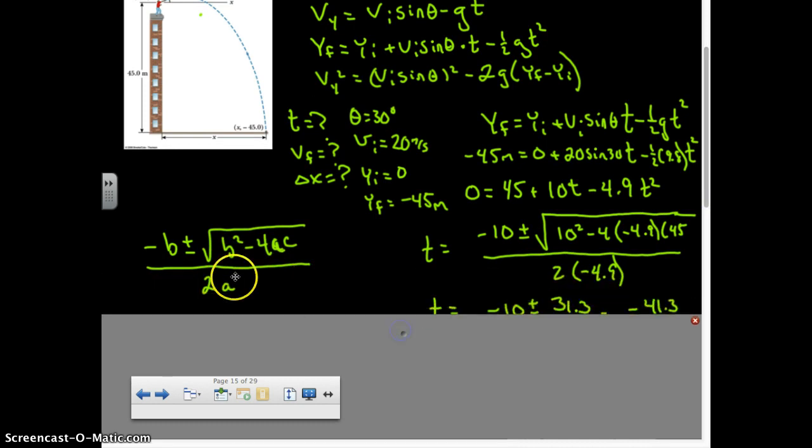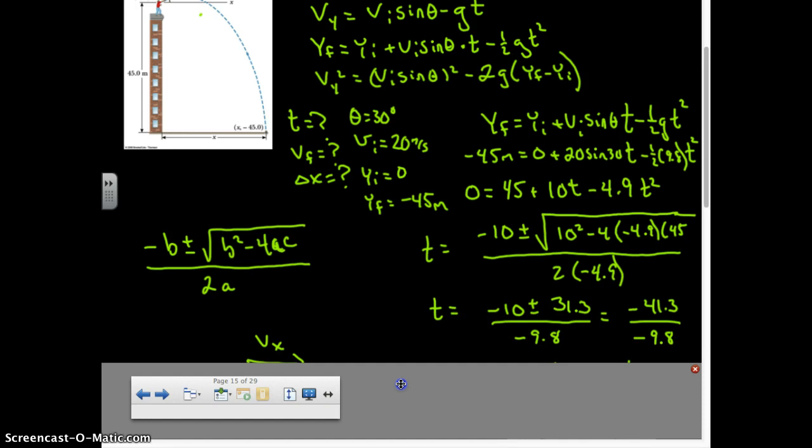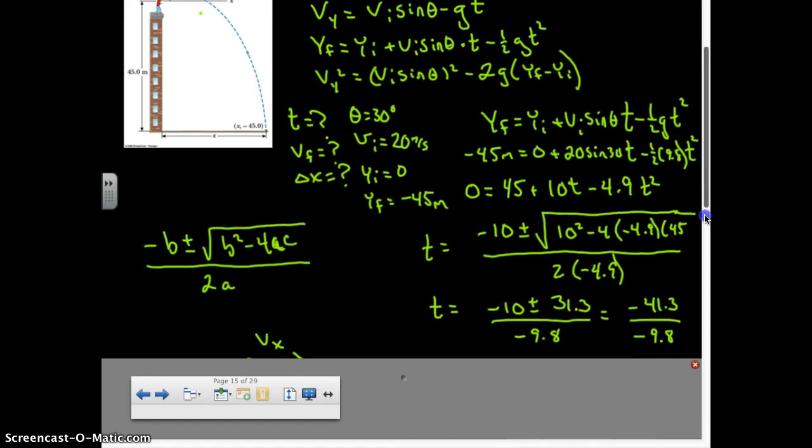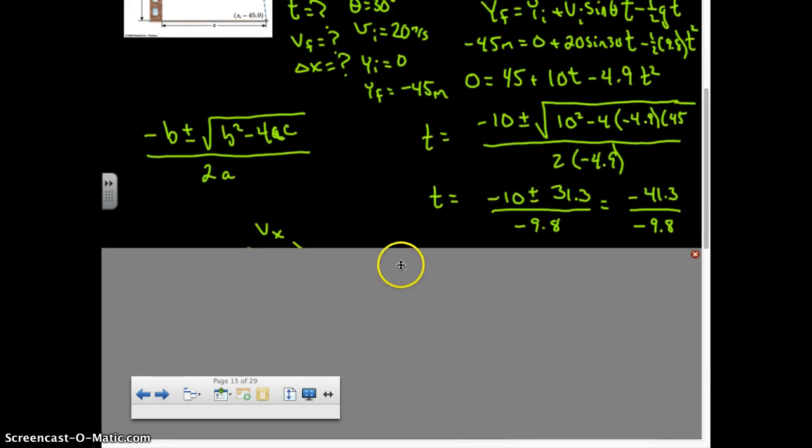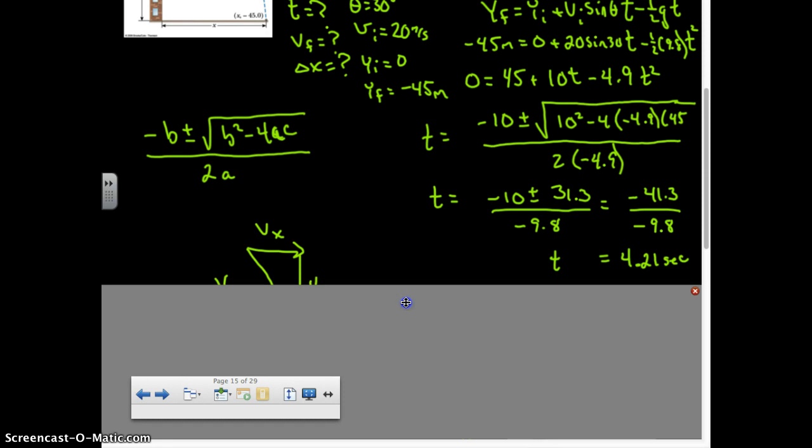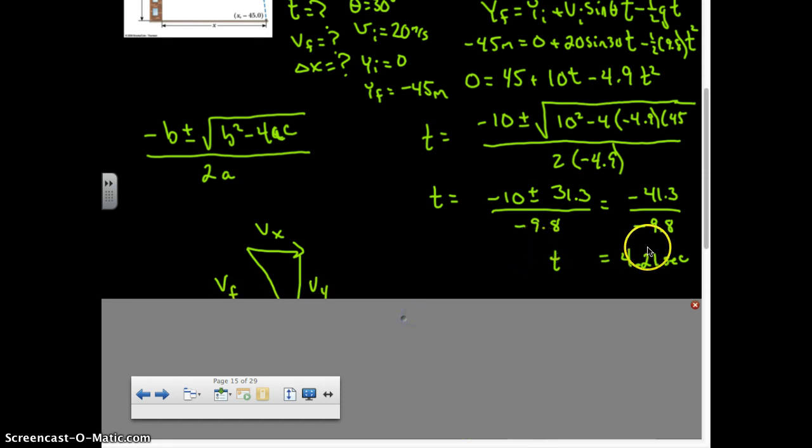We apply it to our equation of motion, and once you do the math, there are two possible roots for time. One is negative and one is positive, and obviously only the positive root makes sense in a problem like this. Calculating it out, we come out with a time of 4.21 seconds.